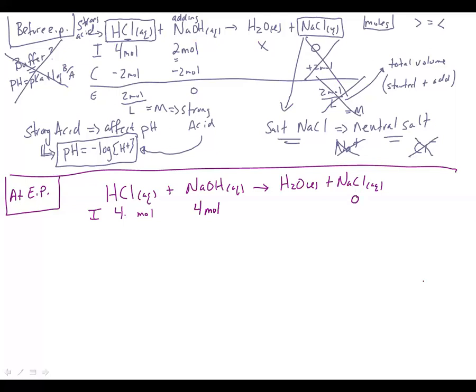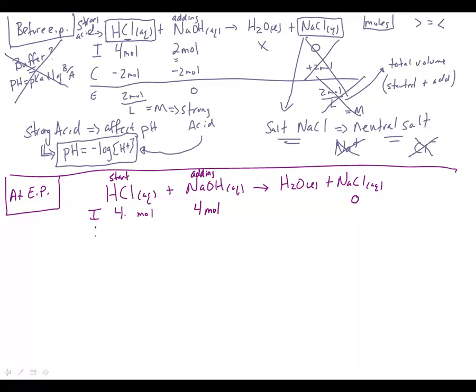Any questions on that? So again, because we're exactly at the equivalence point, we know that the moles of each of these guys should be the same of what we are adding, which is the sodium hydroxide in this case, to where we started, basically.